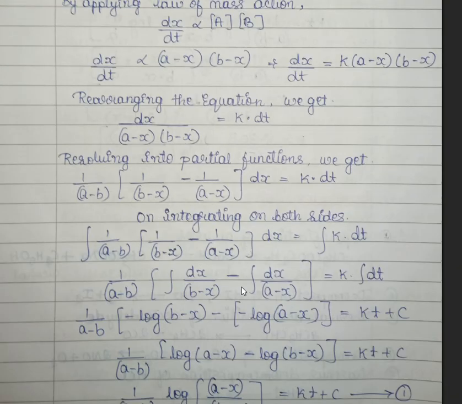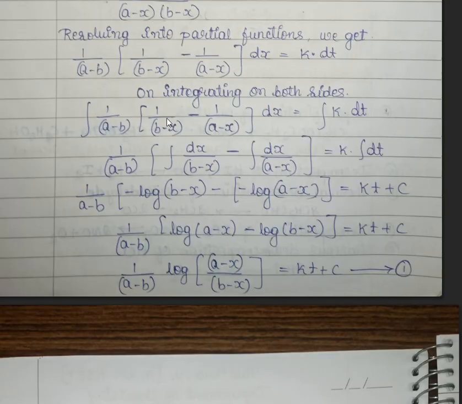For simplification, before integrating, we apply partial fractions. That is, 1 divided by a minus x into b minus x will be equal to 1 divided by a minus b into 1 divided by b minus x minus 1 divided by a minus x. After integration, the integration of 1 by x is log x, and the successive integration leads to multiplication by minus 1.